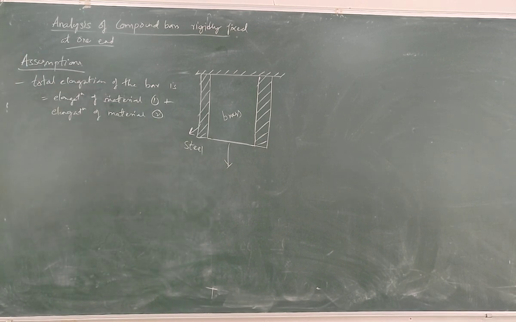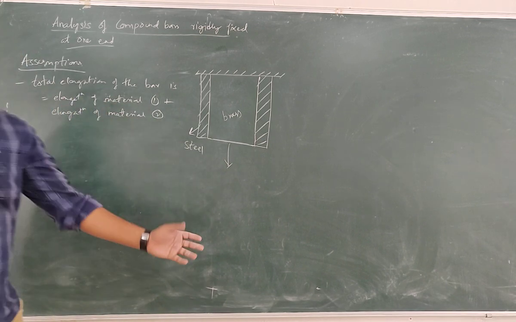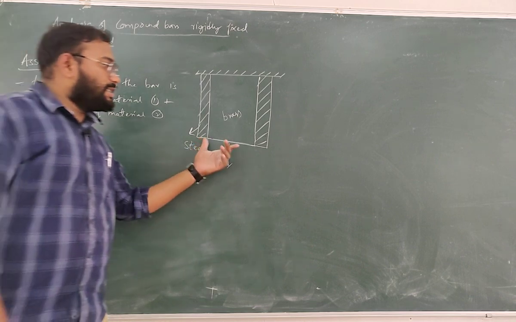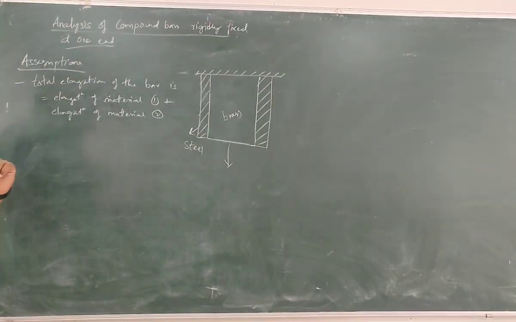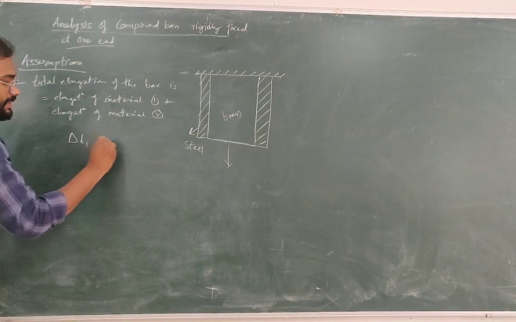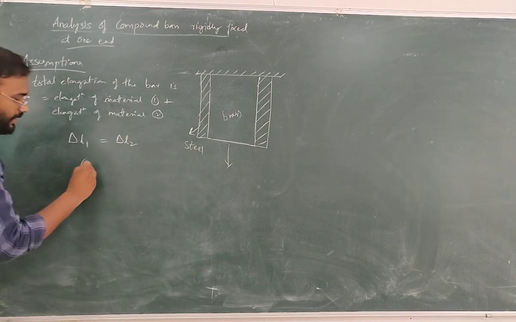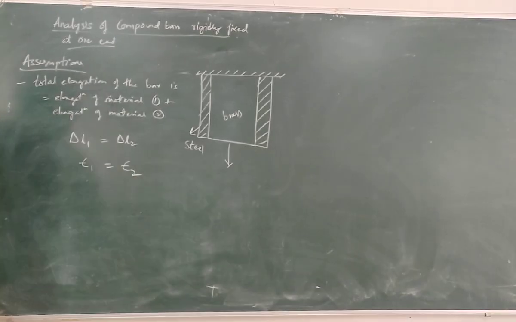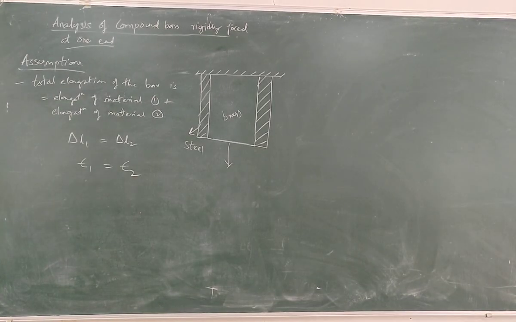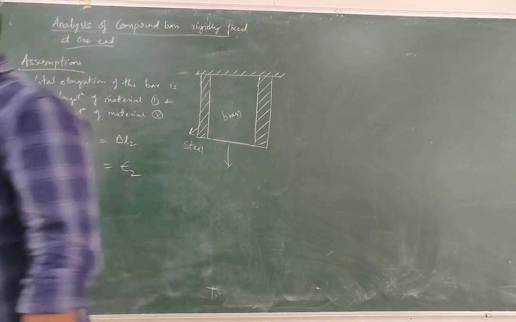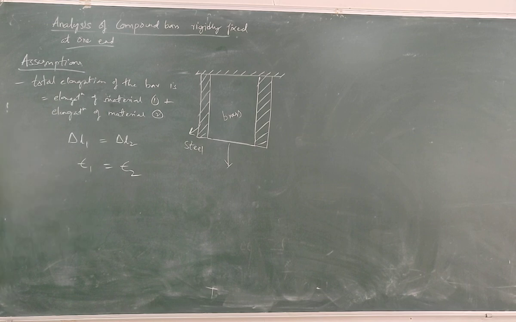Both are elongating simultaneously. Or elongation of this steel will be equal to elongation of brass. Delta L1 is equal to delta L2. Or you can write strain in 1 is equal to strain in 2.